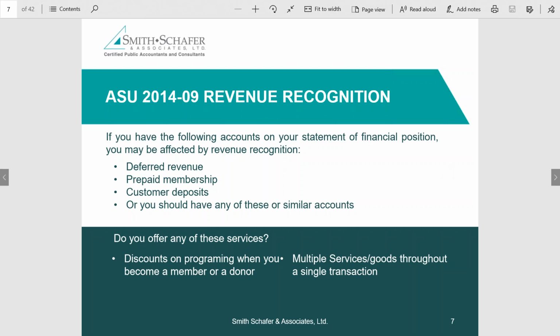But also you could be offering certain services to your members, your donors, your grantors, and that includes discounting on programming, or maybe you're offering multiple services or goods throughout a single sales transaction.